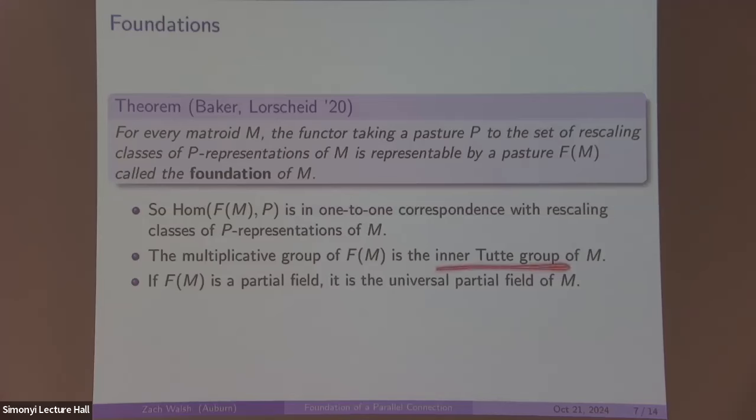This was studied by Dress and Wenzel. And if your foundation happens to be a partial field, then it is the universal partial field of the matroid, which was introduced by Pendavingh and van Zwam. So my point is that there's a lot of evidence that foundations are very natural objects.